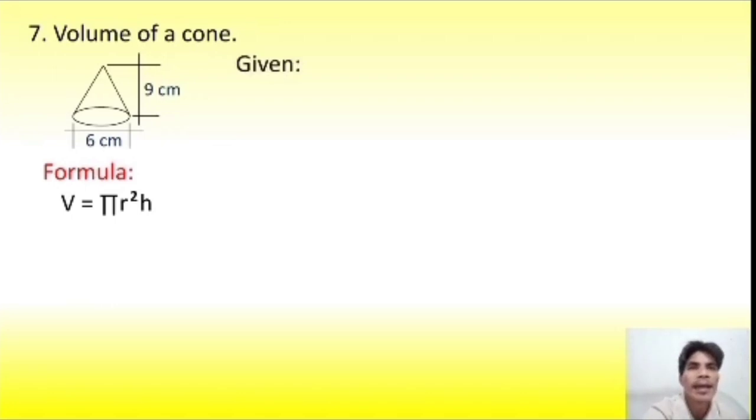Given, we have the radius is 3 cm because the diameter is 6 cm and the radius is 1/2 of the diameter. So we have radius 3 cm and the height is 9 cm. Then the volume is question mark.